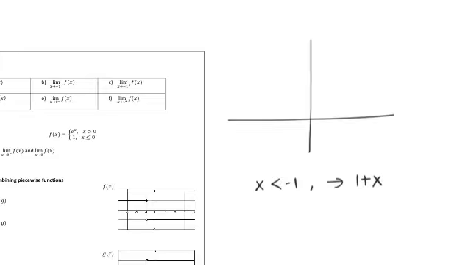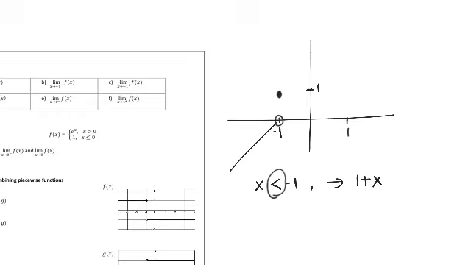So 1 plus x is a line of slope 1, intercept 1, and this is true for x less than -1, so it's basically only going to be true here. The second piece is between -1 and 1, and by the way, since this is a less than sign, I would put an open circle here. Between -1 and 1, I have x squared, so I have a little parabola, right?